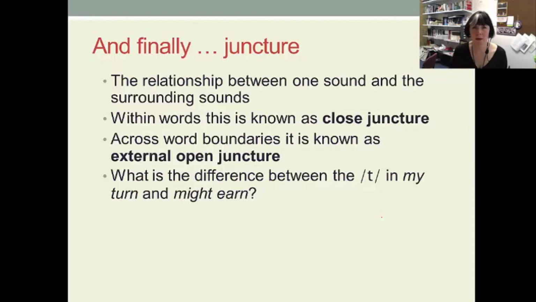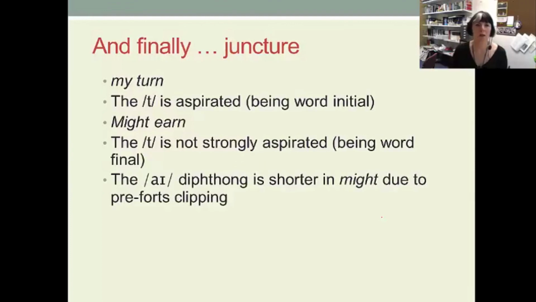These sound pretty similar, don't they? So in my turn, the T is aspirated because it's word initial. It's at the beginning and I have to aspirate this T here. My turn, my turn. In might earn, I don't have to strongly aspirate it. It's not necessary. And also, something else, I can substitute this one with a glottal stop.